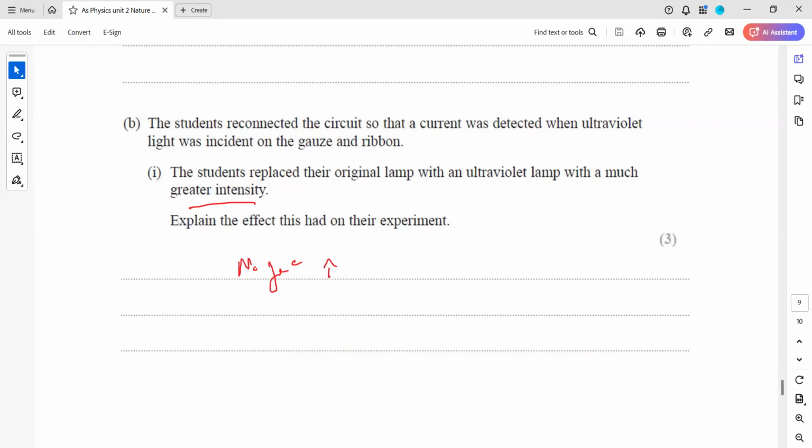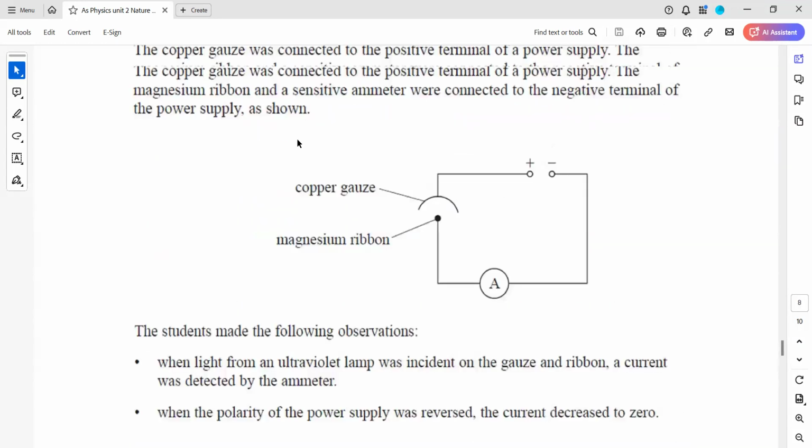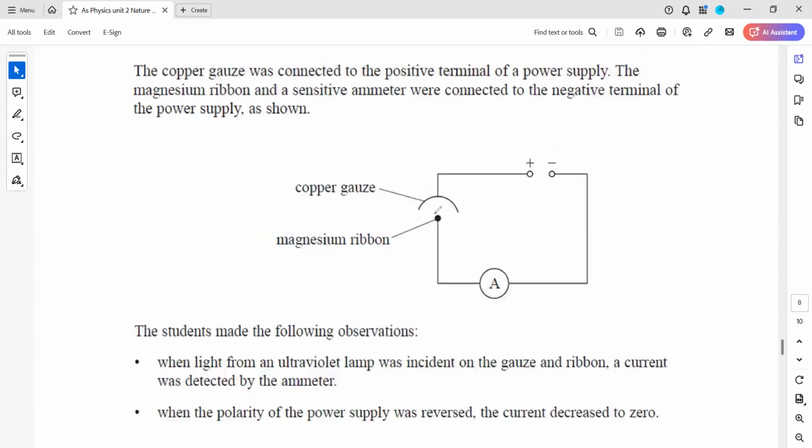So as the number of electrons increases, there will be a greater flow of electrons, or more current. With low intensity, maybe 2 electrons were moving, but with high intensity, more electrons will move. So as a result, high current will be there, and the reading of the ammeter will increase.